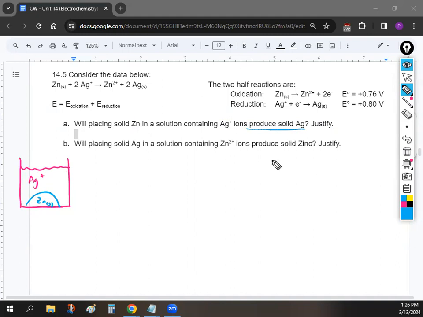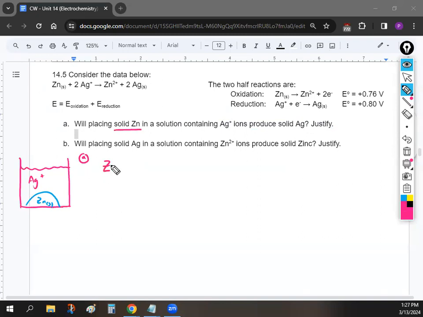So this actually tells us what kind of chemical reaction we're going to get. If we're going to write a chemical reaction for part A, what would be your two reactants? Ag and zinc, but what's the state of matter for zinc? What are you starting with? Solid. Yeah, so you're starting with solid zinc.